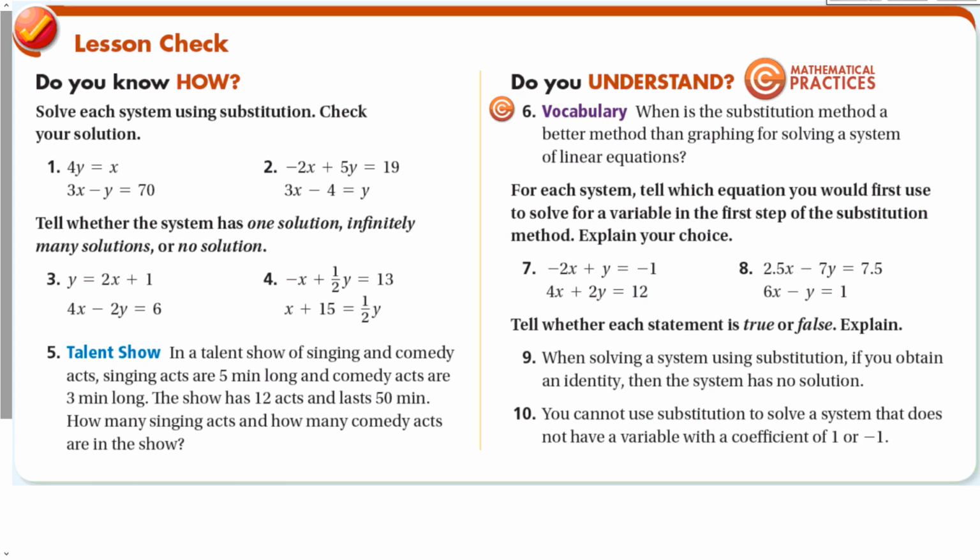Solve for x. Okay, here y is by itself. Here we can see that if we were to rearrange this, there would be no solution. So let's look at number 3.